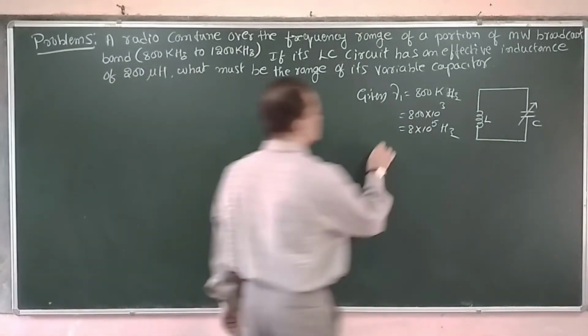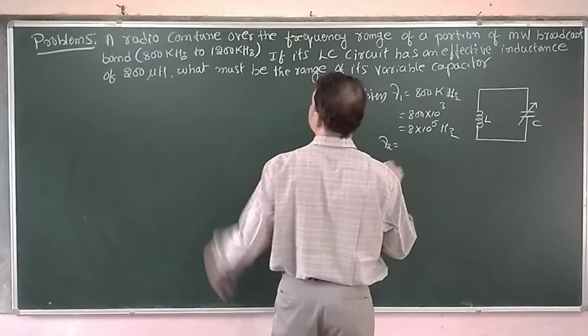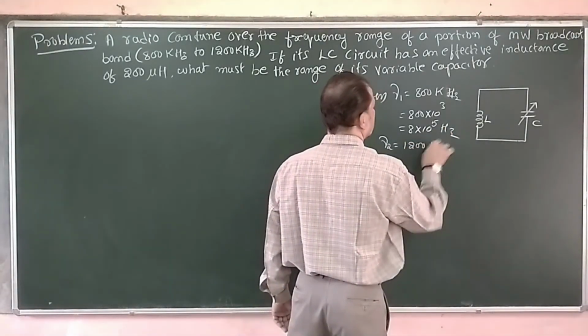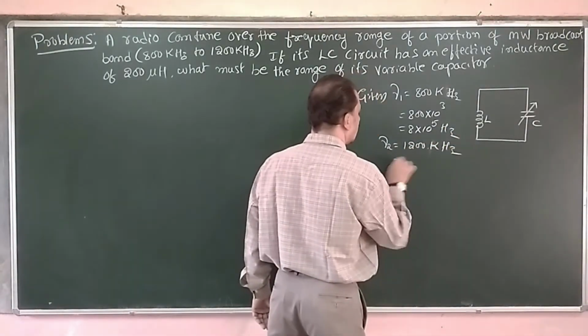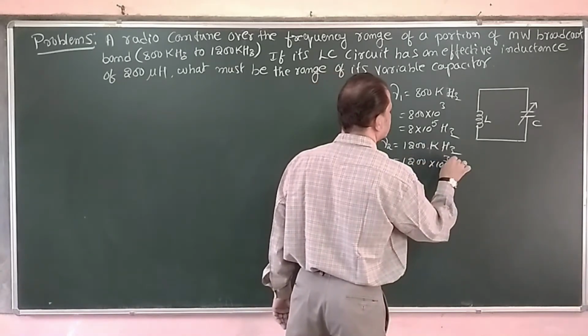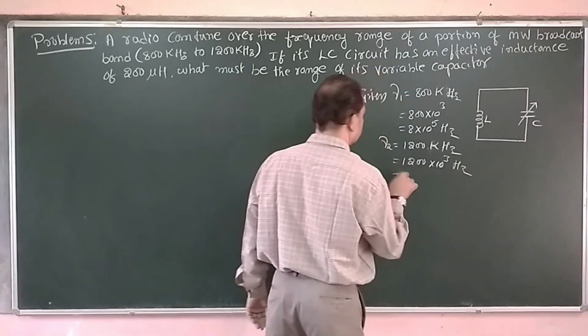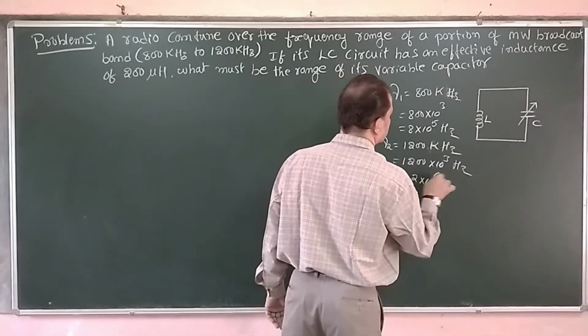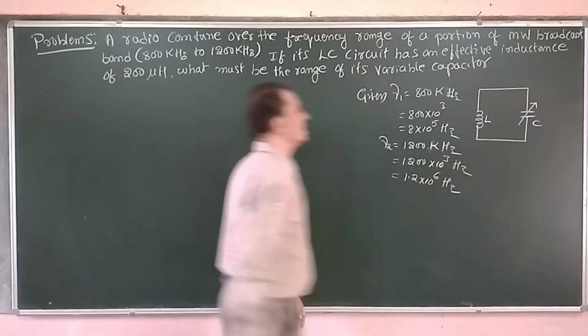The maximum frequency is 1200 kilohertz, or 1200 into 10 to the power of 3 hertz, or I will write it as 1.2 into 10 to the power of 6 hertz.